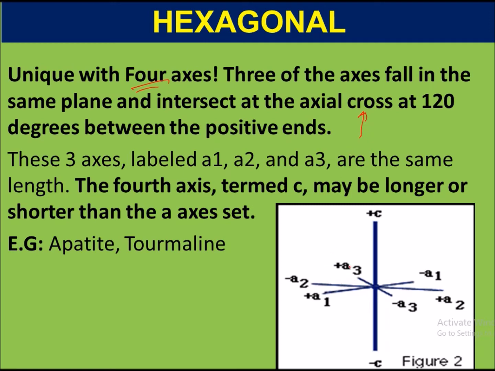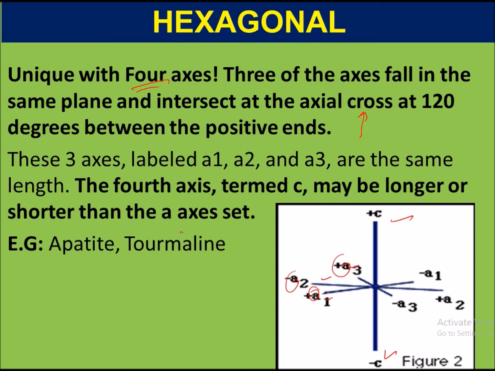The axes in the horizontal plane can be represented by A1, A2 and A3. But you have to keep in mind that one end of each axis is the positive end and the other is the negative end. Similarly, in the vertical axis also, the upper end is the positive end and the lower end is the negative end.